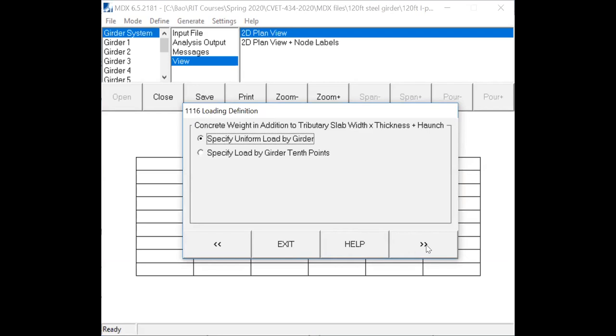Okay, and then concrete weight in addition to tributary slab width times thickness plus haunch, and I put specify uniform load by girder, and this I will put additional haunch weight on each girder line.